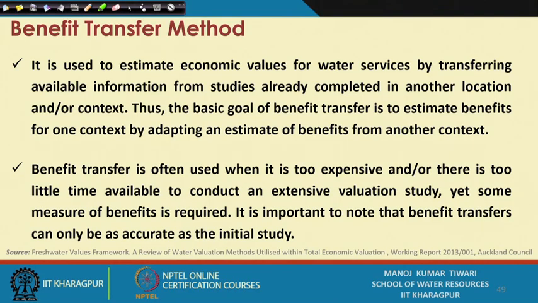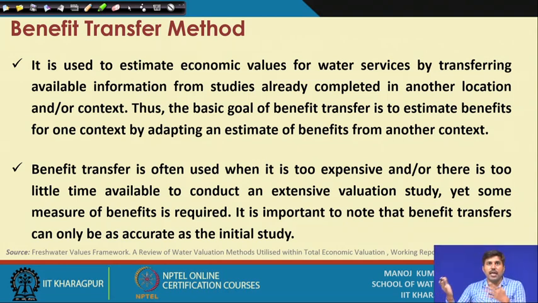Then we have a benefit transfer method, which is used to estimate the economic value of water services by transferring the available information from different analogous studies. So, if a study is being done at some other location or in some other context, and you are trying to get the findings or the implications of that study, and trying to figure out how much benefit can be derived from certain services or certain water resources, taking a clue from the previous study, maybe done in the same or similar or some different context.